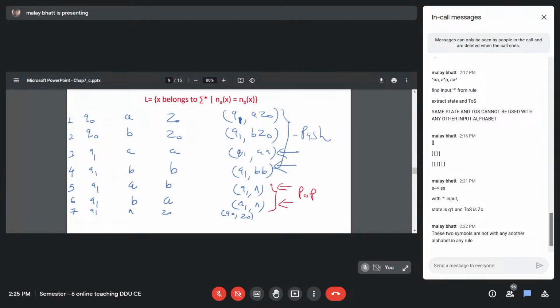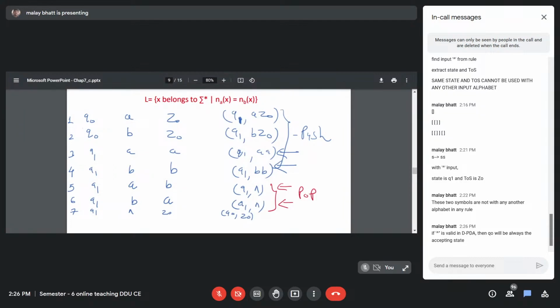If null is valid in a deterministic PDA, then Q0 will always be the accepting state, as you can see here.